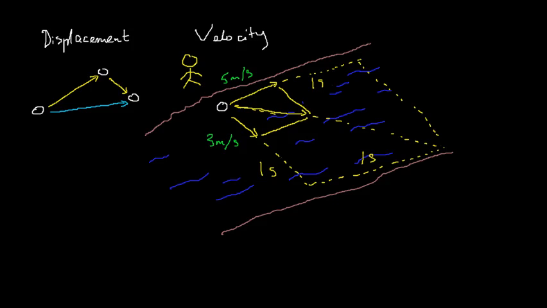Now, using a similar notation to what we used for displacement, let me call this vector A, let me call this vector B, and let me call the diagonal vector C. Therefore, I can say that vector A plus vector B is equal to vector C.